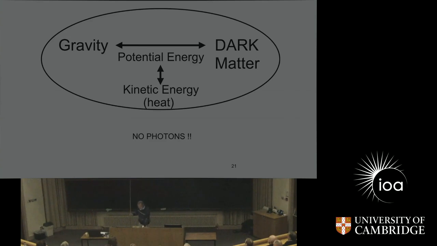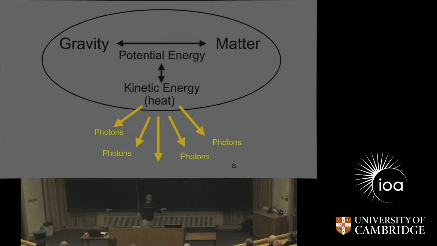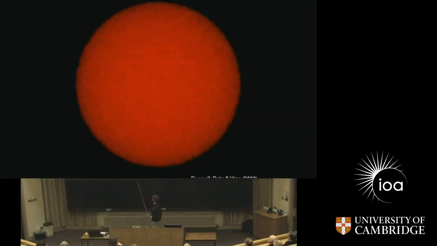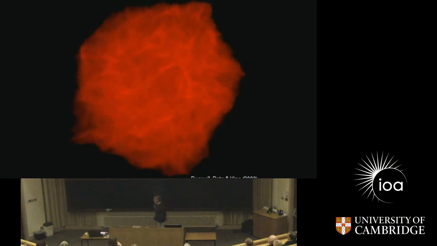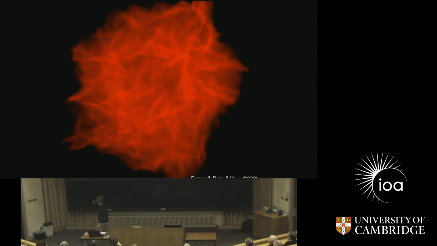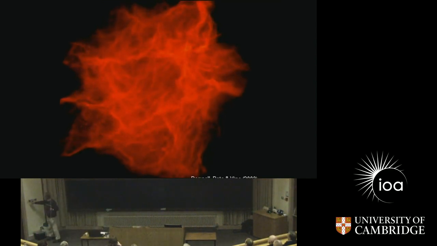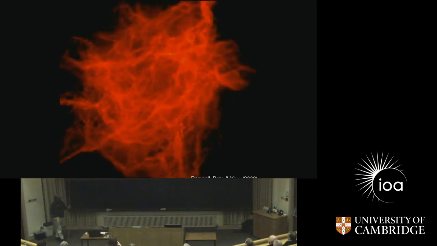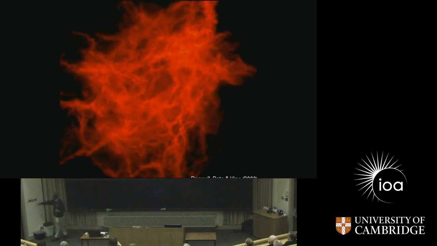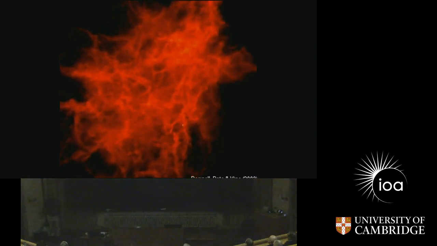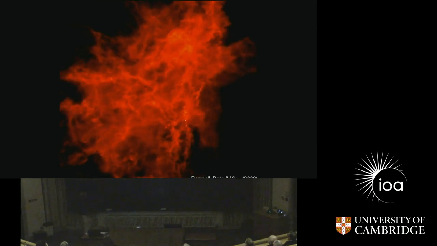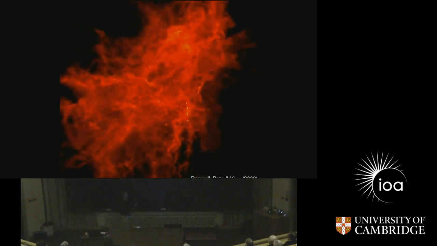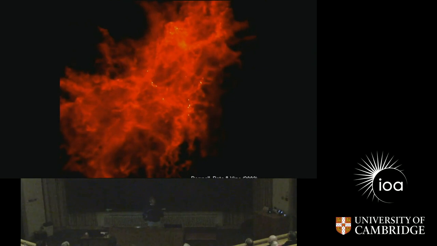So unlike the material of our collapsing gas cloud, which we see here, we are not able to radiate energy from the stars that are forming in this cloud. So as that simulation runs, the temperature drops, and the energy density drops, the energy is radiated away, allowing the stars to form.